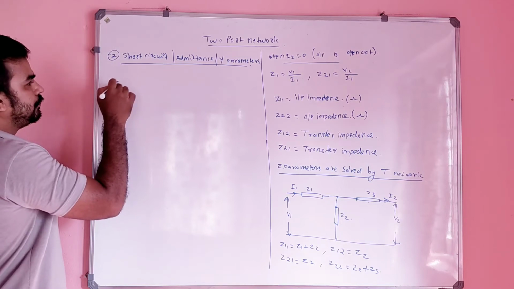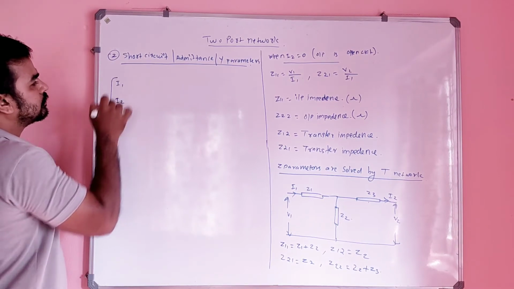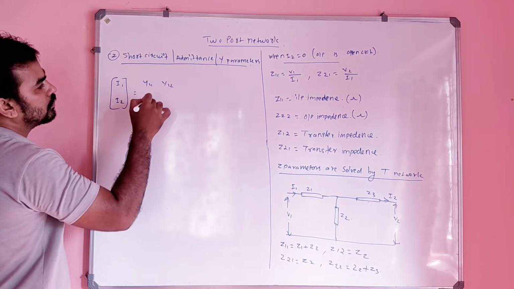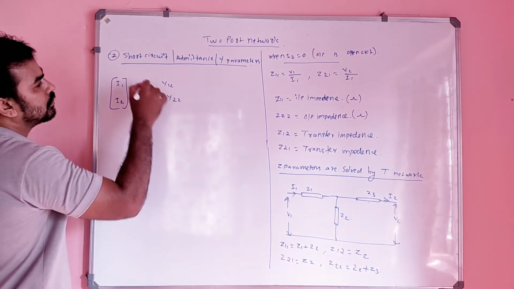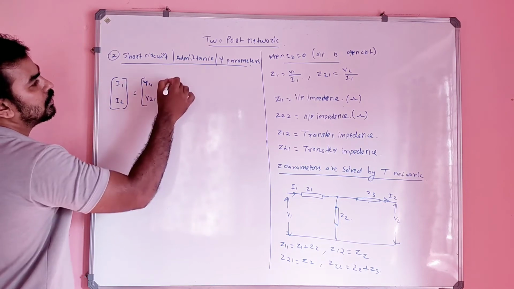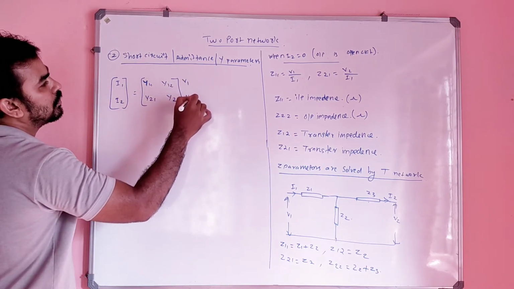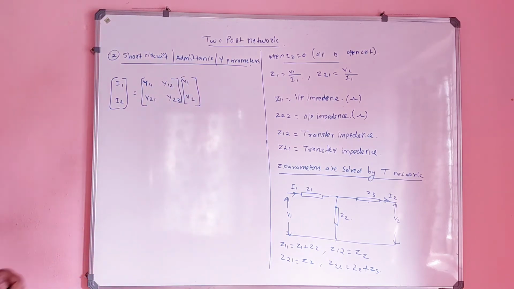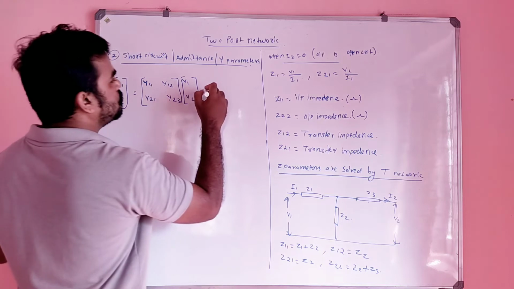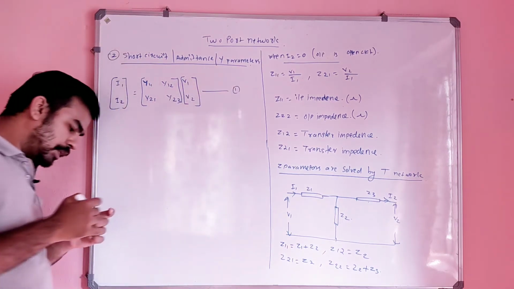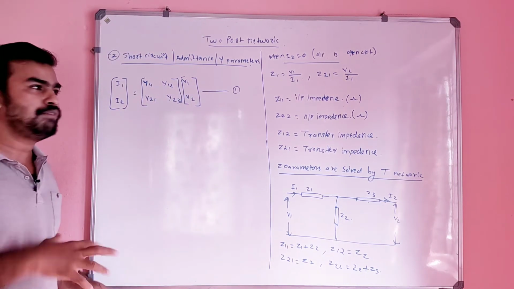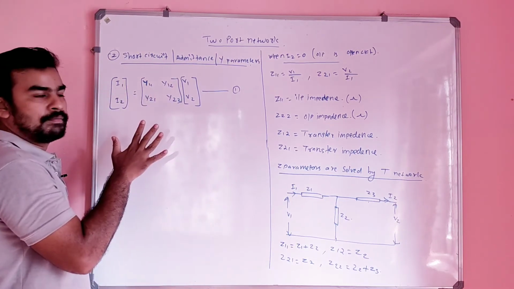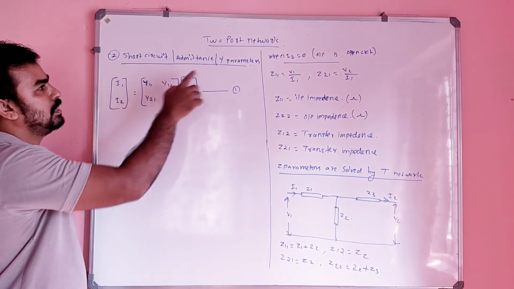If you have an equation like I is equal to YV. Suppose you solved so many circuits, so many complicated networks, and finally you arrived at a matrix equation like this. This is called the Y parameter.